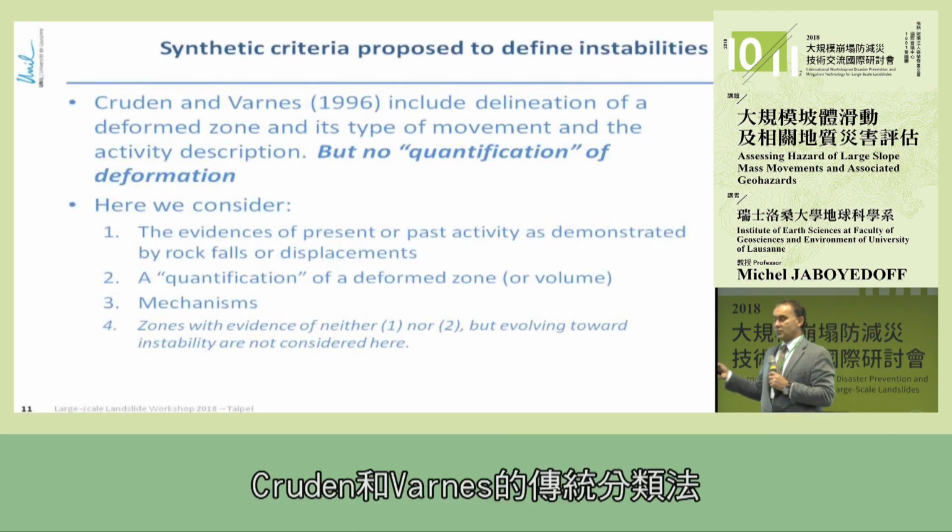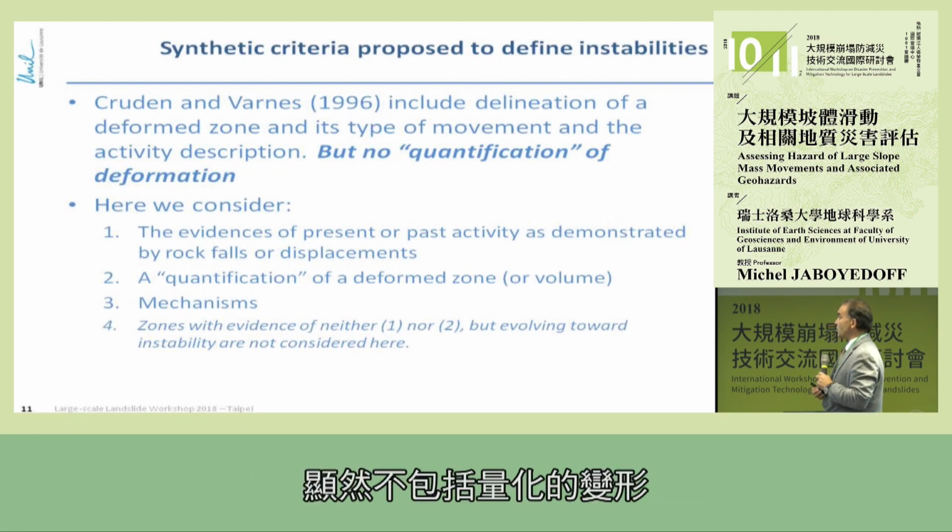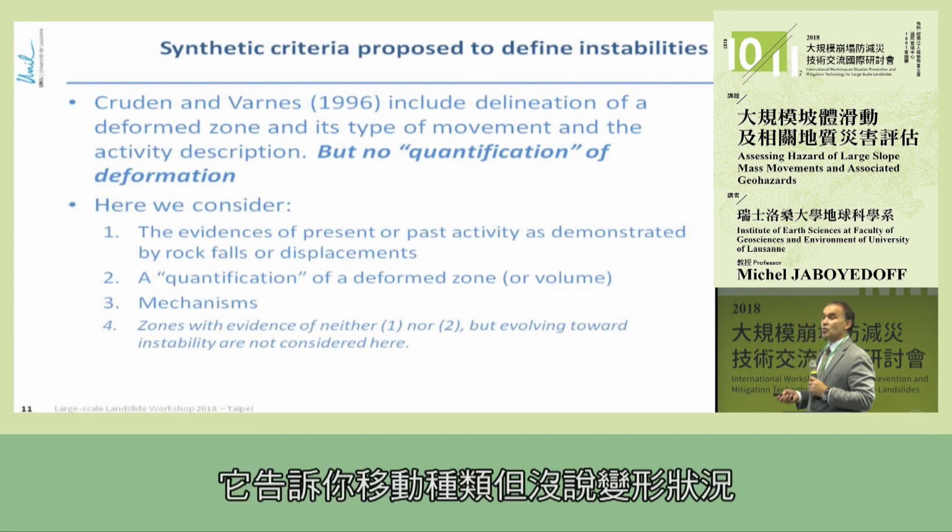The crude and advanced, the traditional classification do not include clearly the deformation quantification. It gives you the type of movement, but not the deformation state.